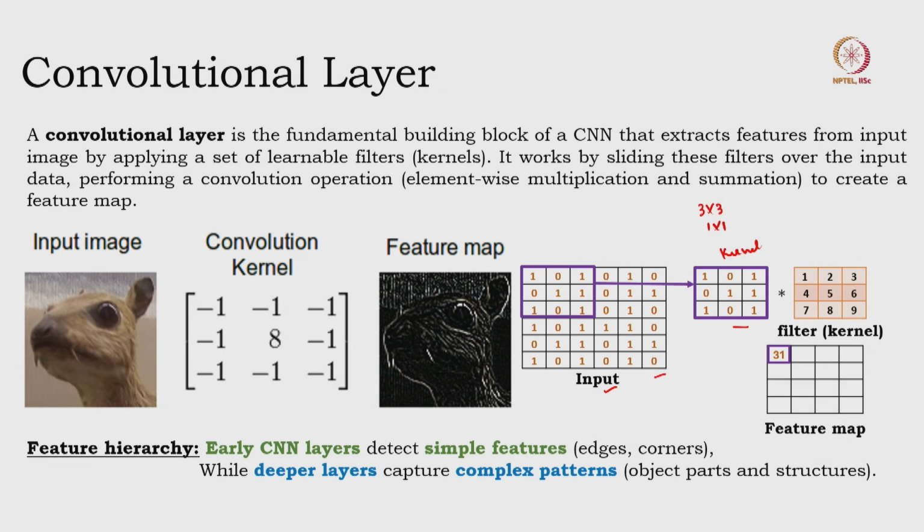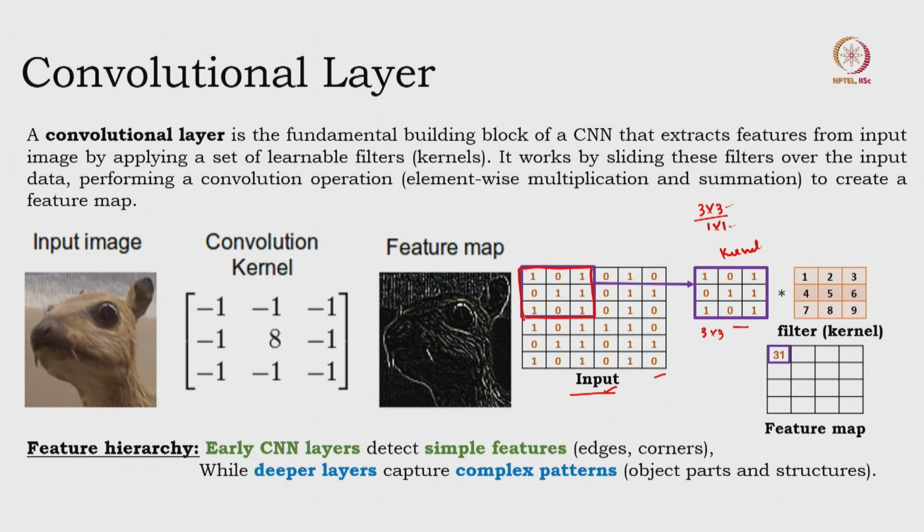For this particular example, I will first start with 3 cross 3. Later I will tell why 1 cross 1 is not very advisable. So, now when we take 3 cross 3, is it not a 3 cross 3 matrix here? When you want to perform an operation on this input image with this 3 cross 3 matrix, definitely you will consider only a 3 cross 3 part of this input image.